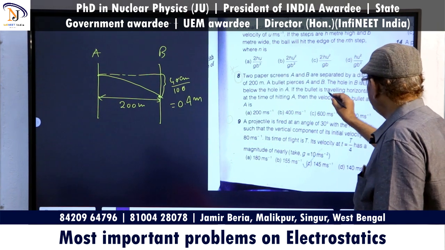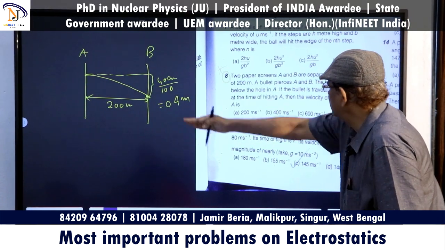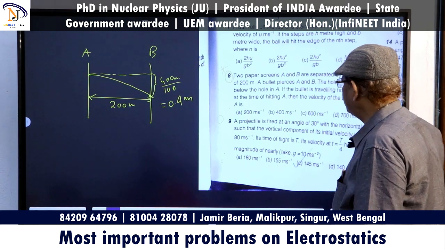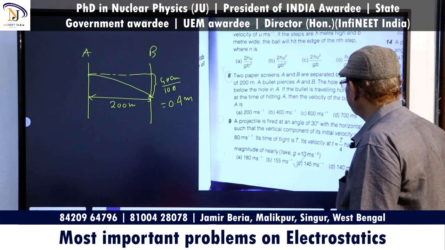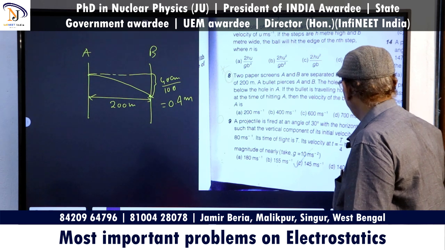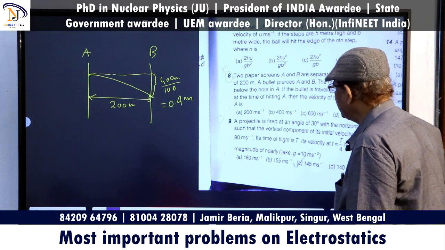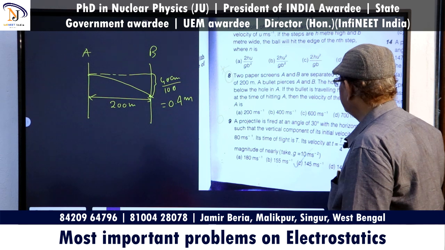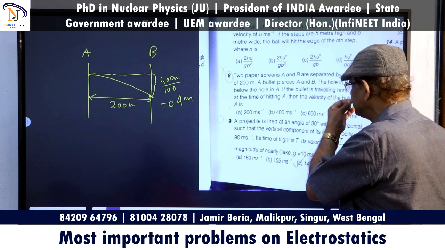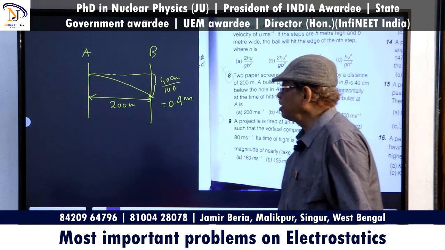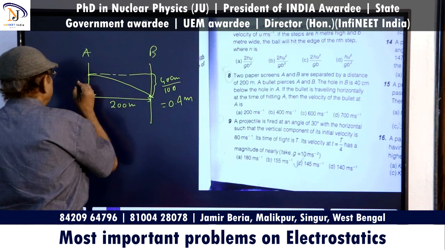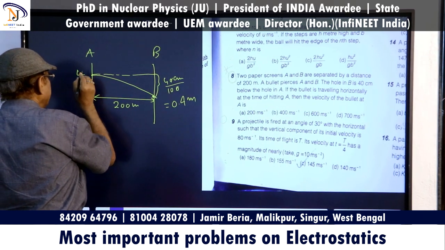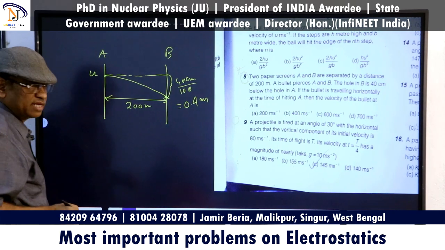So what you have to do here: if the bullet is traveling horizontally at the time of hitting A, then you have to calculate the velocity of the bullet at A. Very easy.